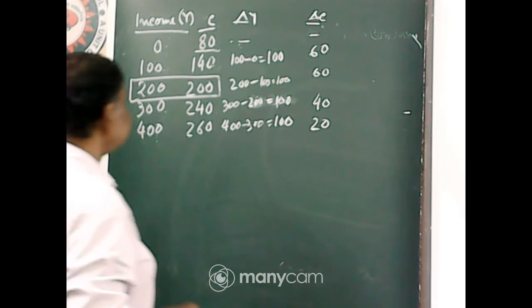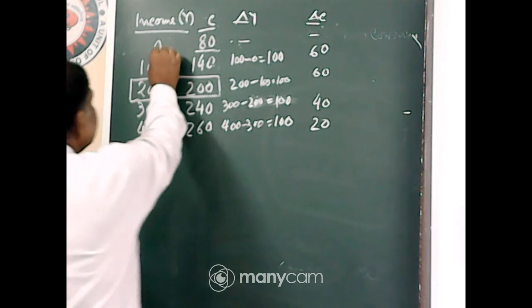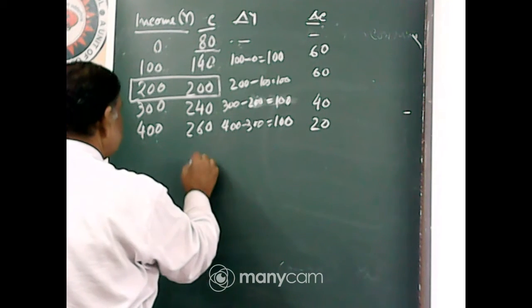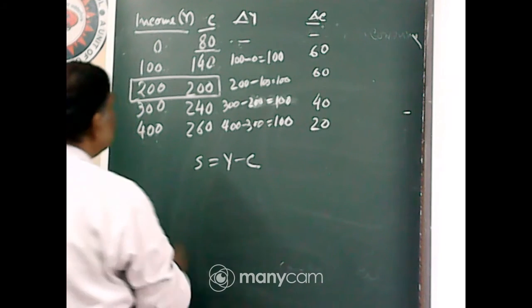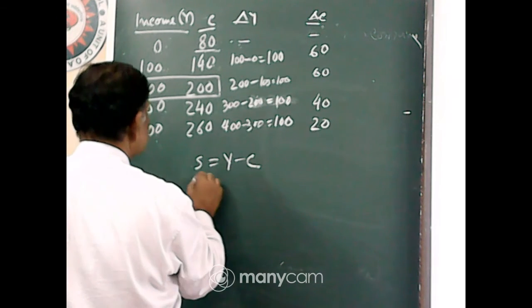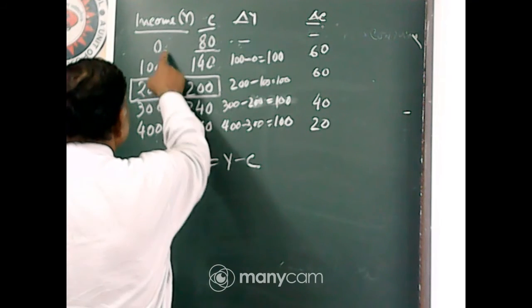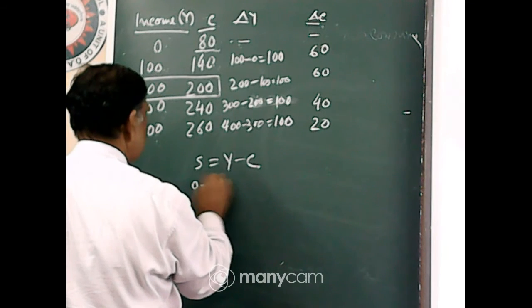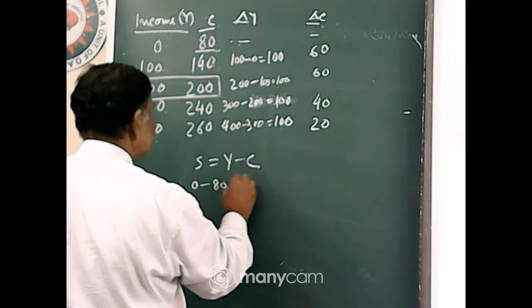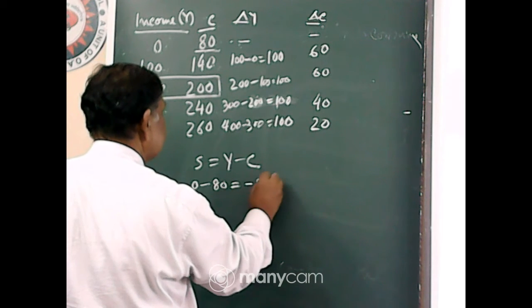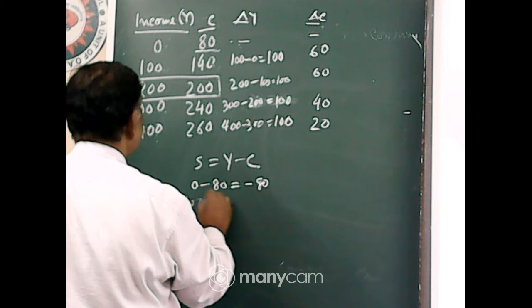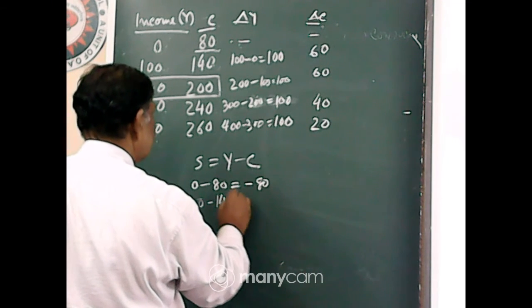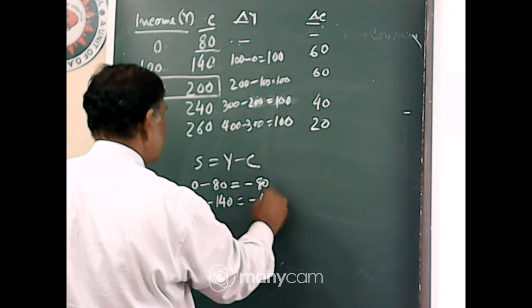Saving. Saving means income minus consumption. S is equal to Y minus C. So here saving is 0 minus 80, which is equal to minus 80. And then 100 minus 140 is equal to minus 40.